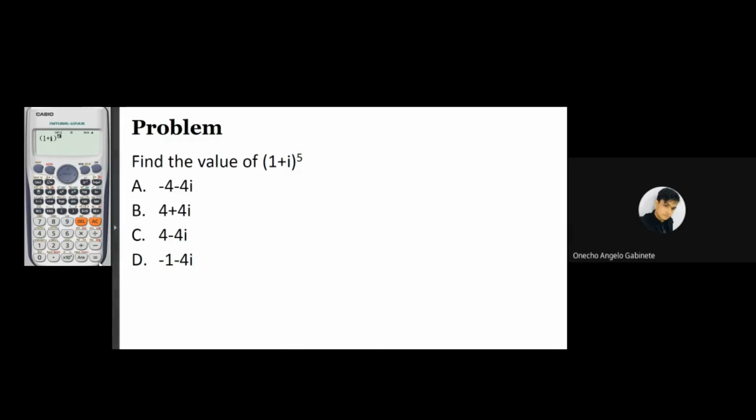Some calculators show negative 4 minus 4i when you press equals. One way to solve it is to manipulate the equation. Let's break down 1 plus i five times, multiplying it by itself 5 times, and see if the answer comes out.